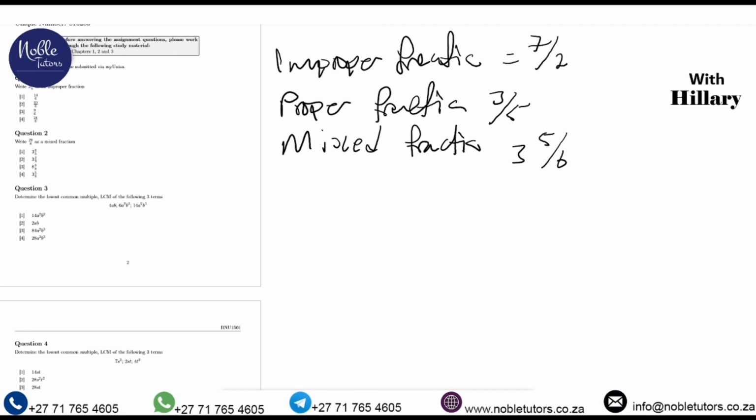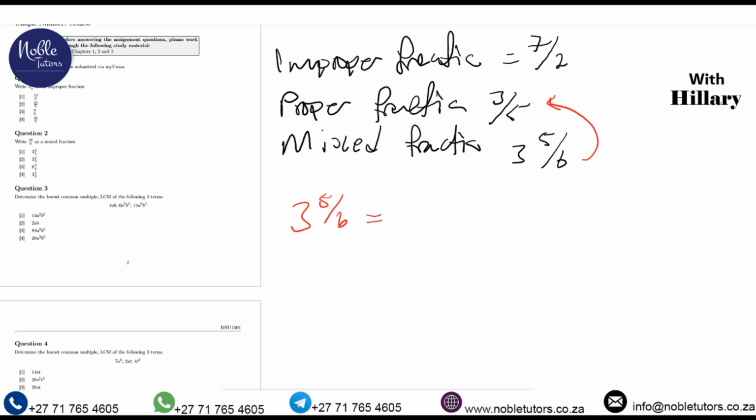On our question number 1, they gave us a mixed fraction, to which they said write 3 and 5 over 6 as an improper fraction. That means we need to move from a mixed fraction to an improper fraction. What we need to remember is 3 is a whole number followed by 5 over 6.